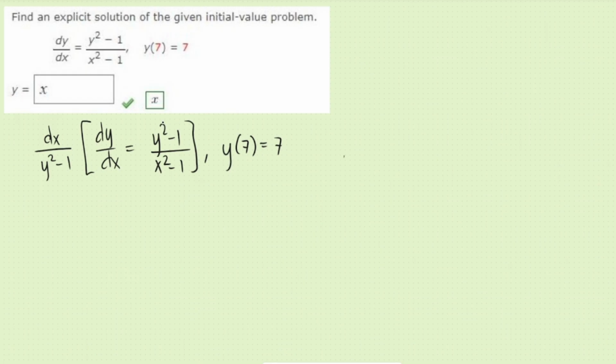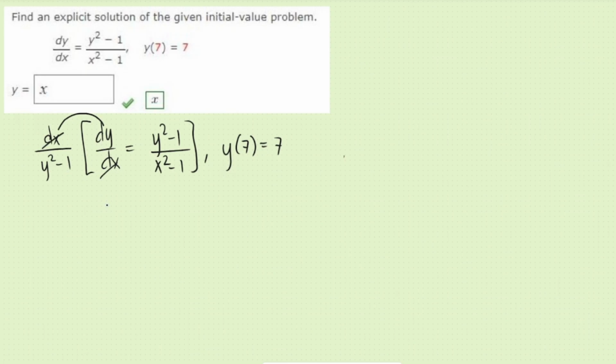As you can notice here, we have y squared minus 1 in the numerator, so we'll put y squared minus 1 in the denominator of our multiplicative inverse, and we have dx in the denominator, so we'll put dx in the numerator, okay? So after that, we multiply dx over y squared minus 1 times dy over dx.